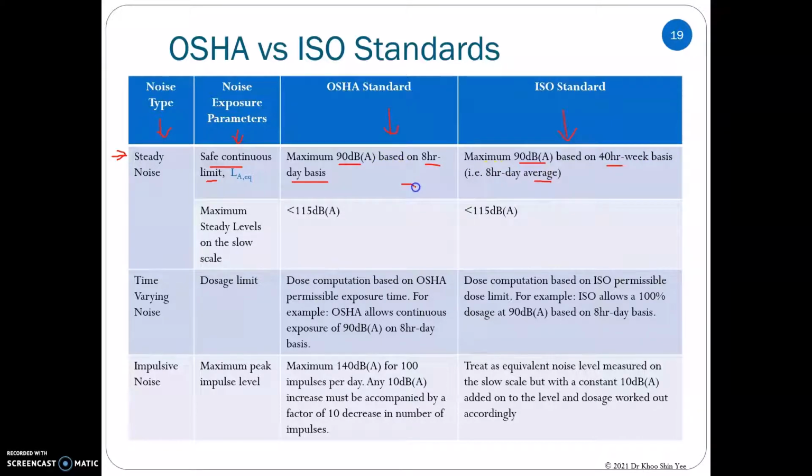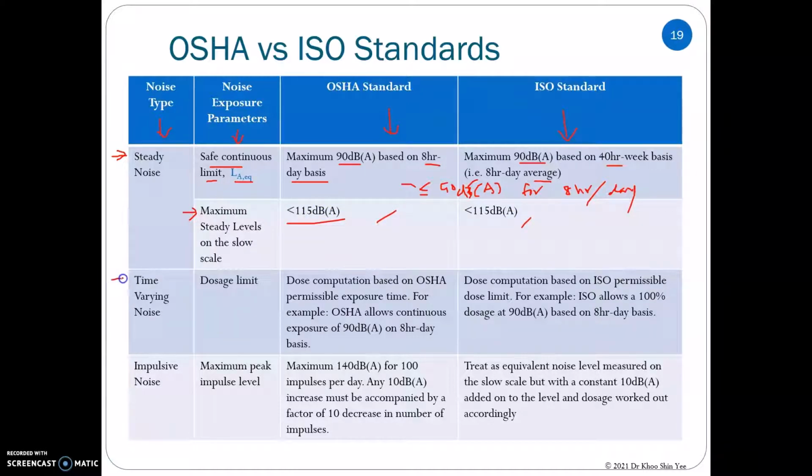So in these two cases, we can simplify that the LAEQ must be less than or equal to 90 dBA for 8 hours per day. The maximum steady level must be less than 115 dBA for both of the standards.